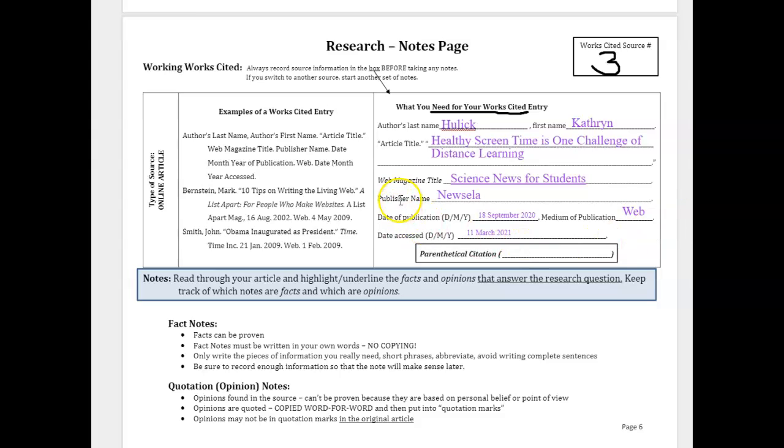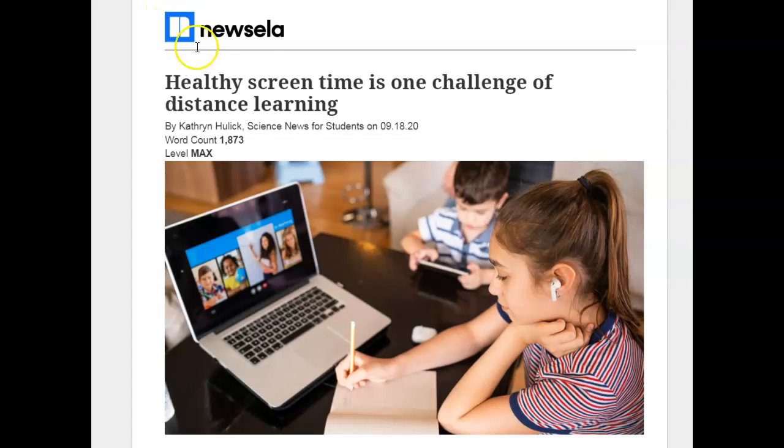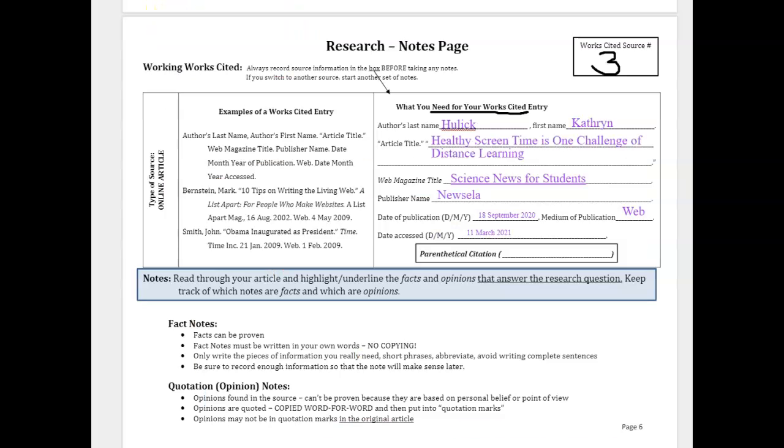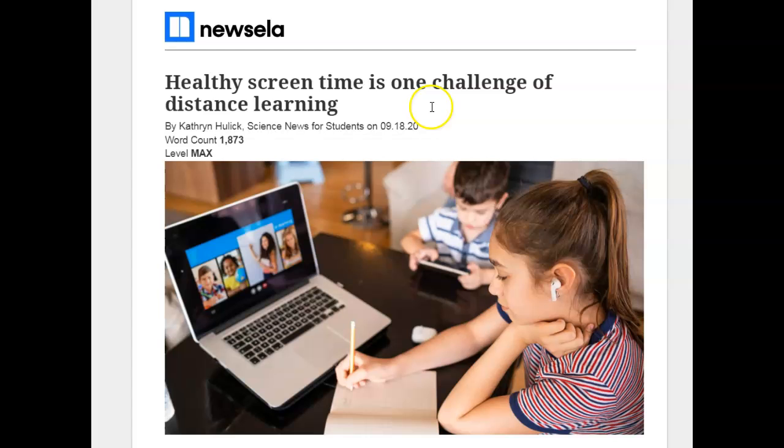The publisher, which is who made it available for us, was Newsela. The date of publication, which was the date that it was originally published. Again, I went date, month, year. I found that once again towards the top.